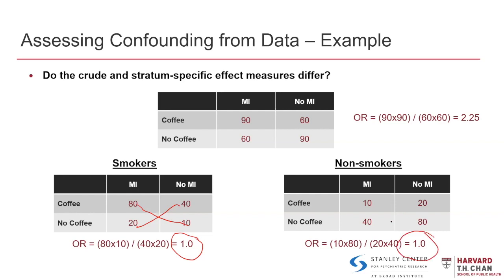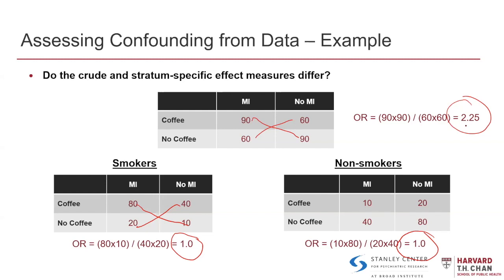We want to look at whether the crude and the stratum-specific effect measures differ. The crude was what we calculated at the beginning. Among coffee drinkers and non-coffee drinkers, we took the cross products of the diagonal cells and we got 2.25. So do the crude and the stratum-specific effects differ?